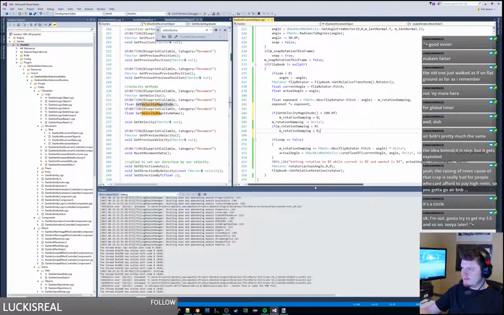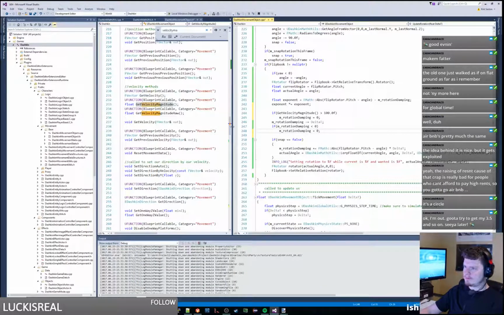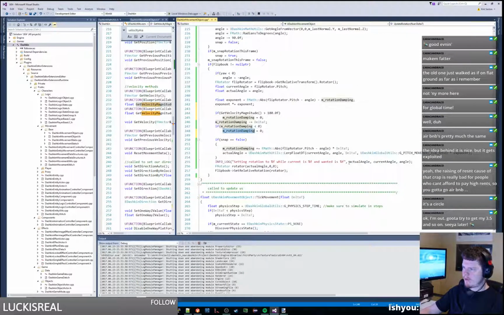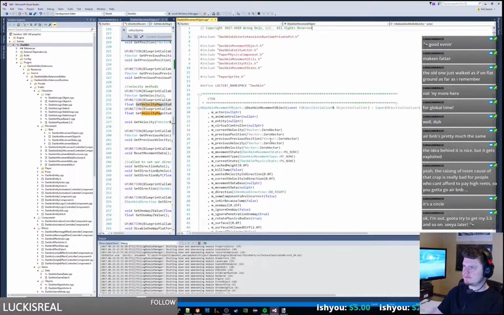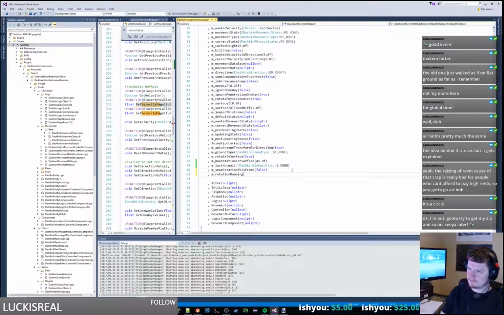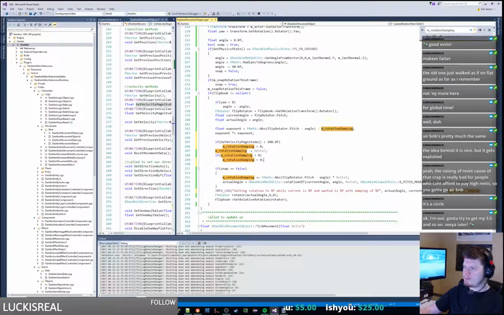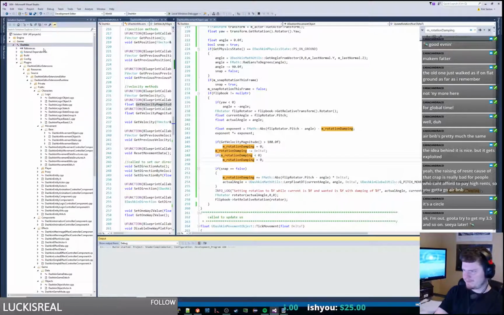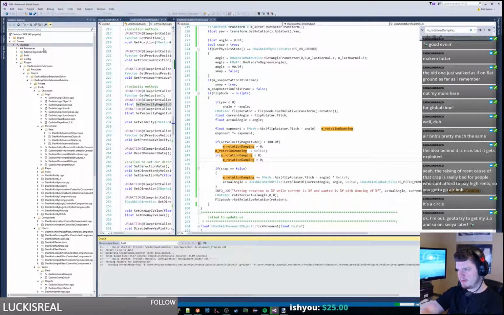All right. So let's print out the rotation damping. We'll just have it basically, this damping should increase based on all these.